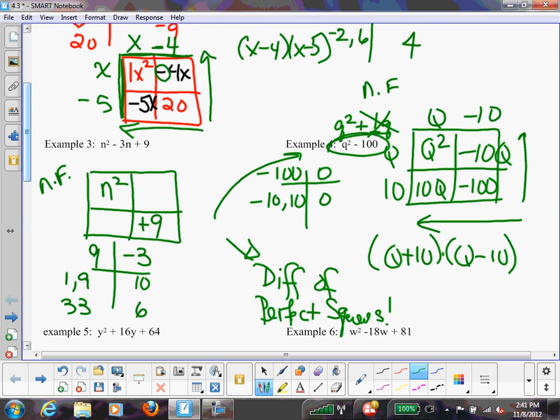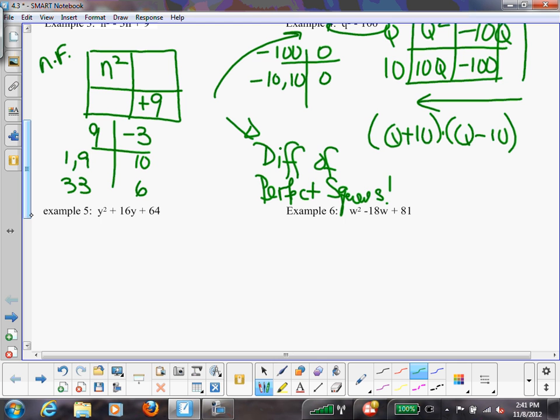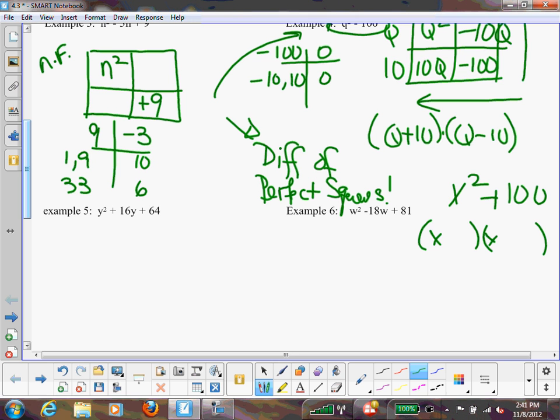Why is this one not the difference of perfect squares? Because it's addition. How would you factor this? Remember, that gives me 20 as my middle term.